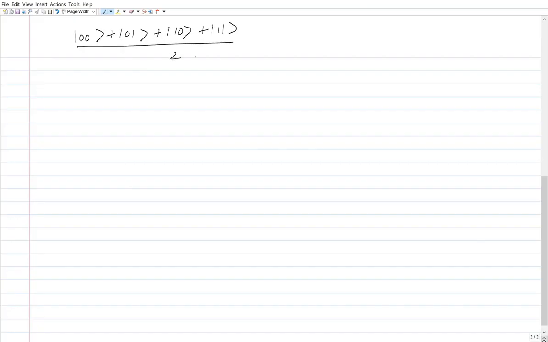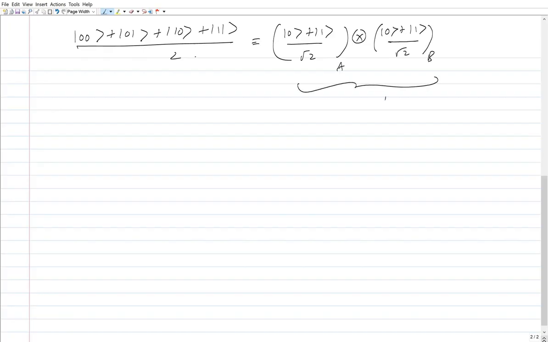It is hard to see it this way because it has got a bunch of terms with different coefficients, but as you can see, this is nothing but a tensor product, a product state.